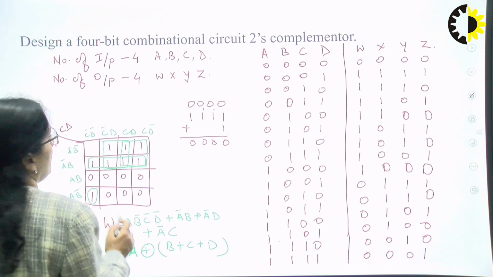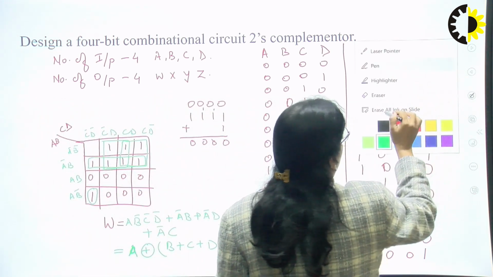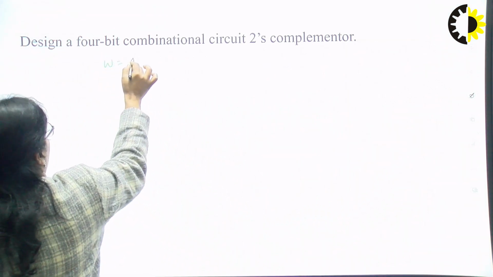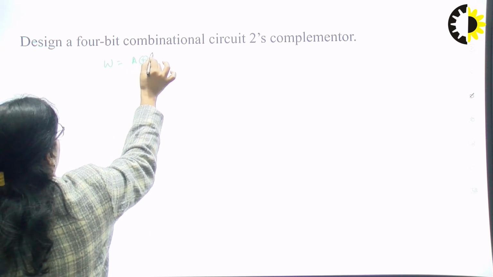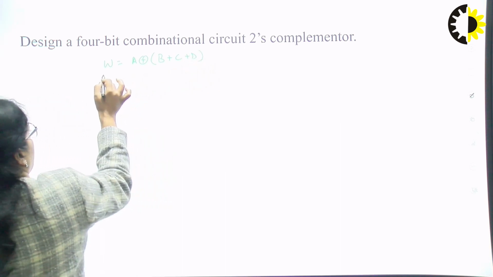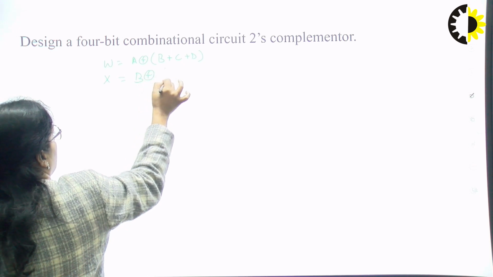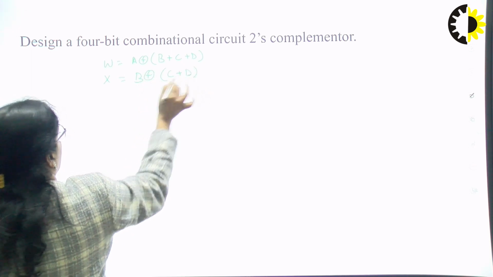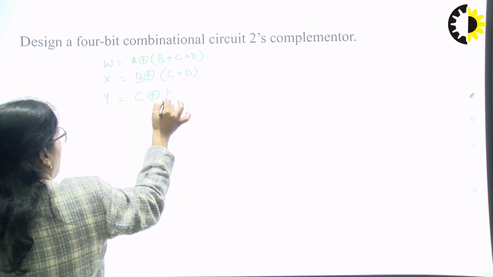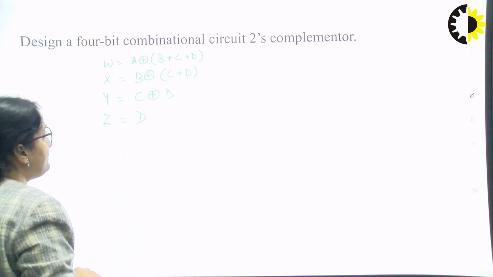Now, if we resolve for W, X, Y, Z, we will have expressions. For W, it will be A XOR with B plus C plus D. Then X, if we resolve it, will be B XOR with C plus D. For Y, if you solve it, it will be C XOR with D. And for Z, it will be D itself.